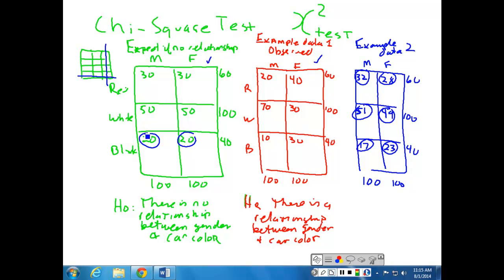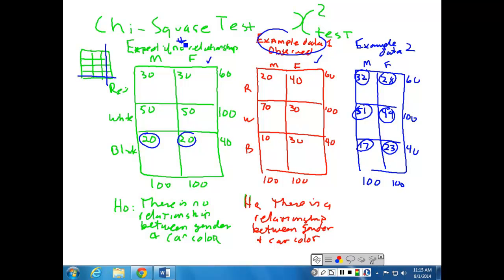So the way the chi-square test works, and we're going to write a formula and everything, is we have our observed data. We can figure out what we would expect if there's no relationship. So, if it's example 1, we just compare this to what we would expect if there's no relationship. If they're close, we say there might not be a relationship.